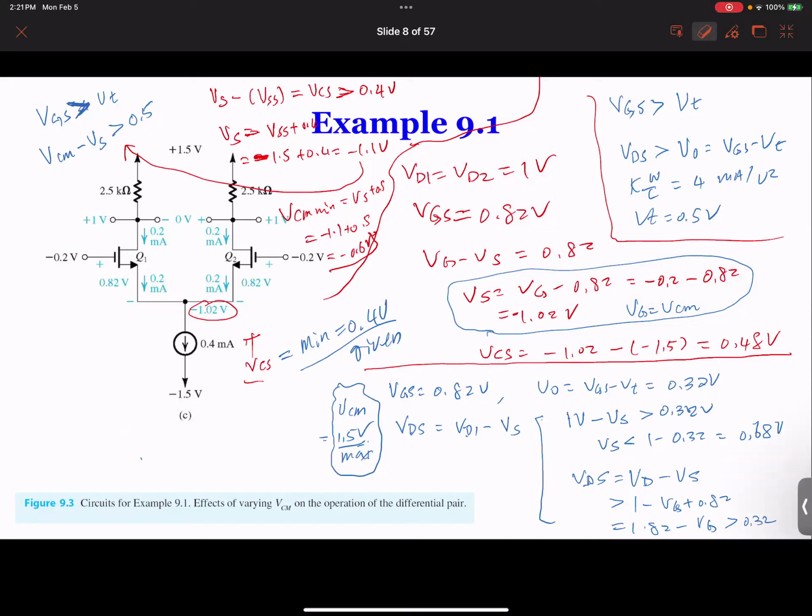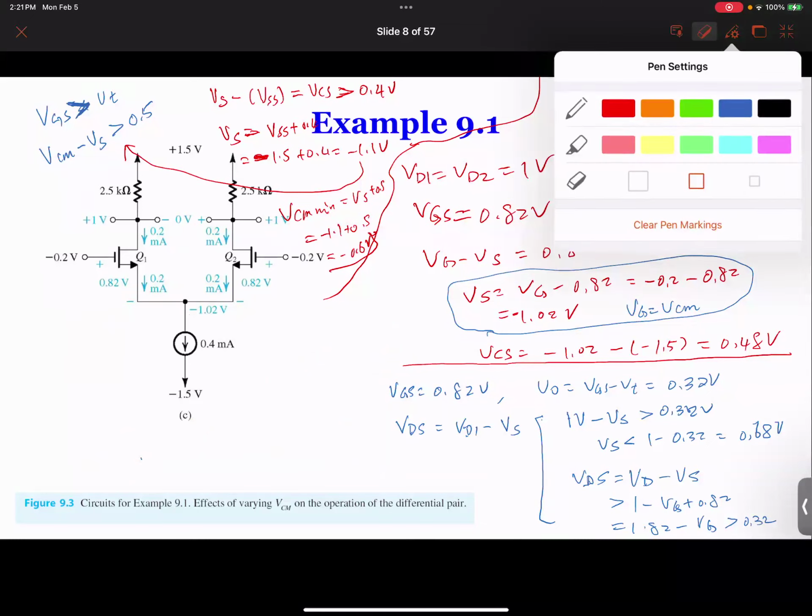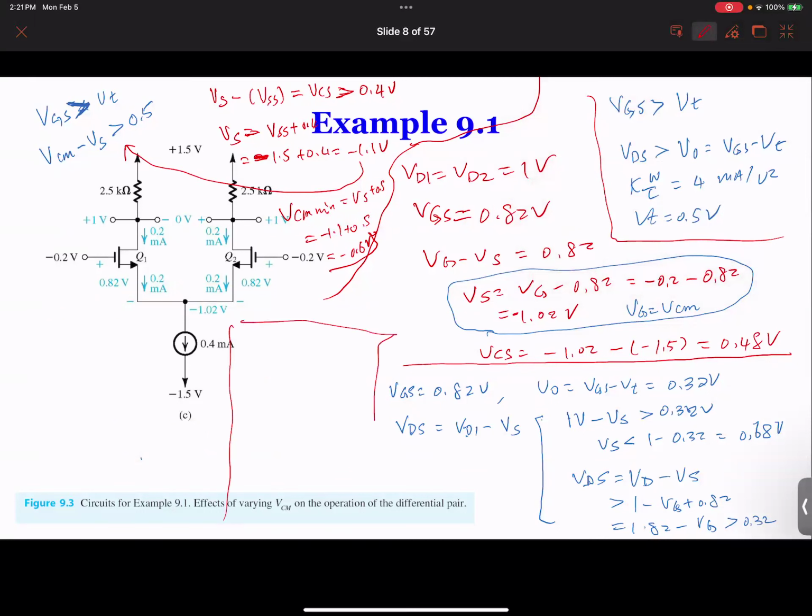Let me erase the part so that we can get a better picture. So we already got the minimum. Now we want the maximum. So let me rewrite that so that you guys get a better picture. Let me redo the VCM max. So we know that VDS equal to VD1 minus Vs has to be larger than VO.